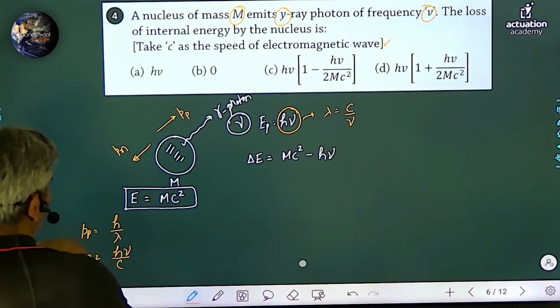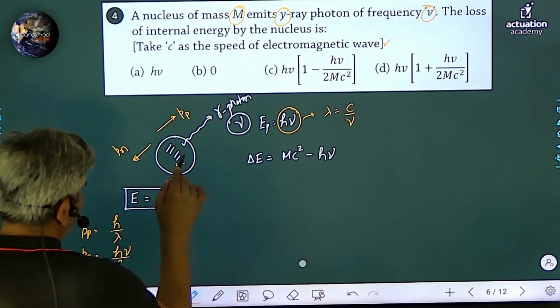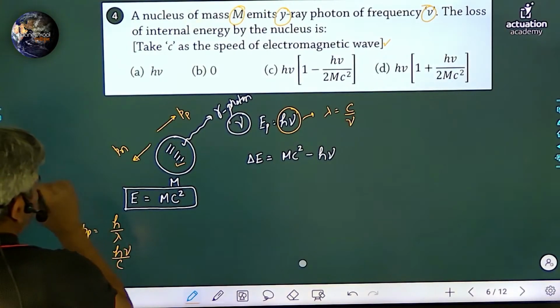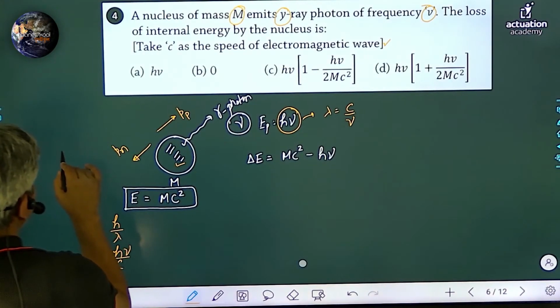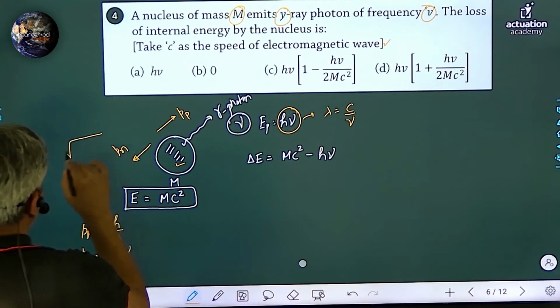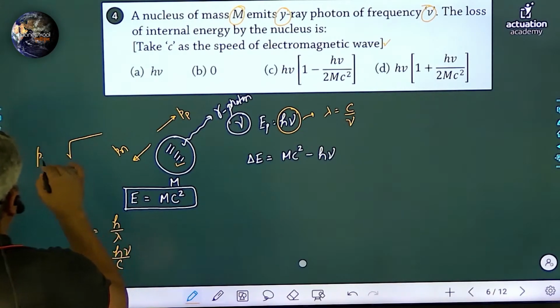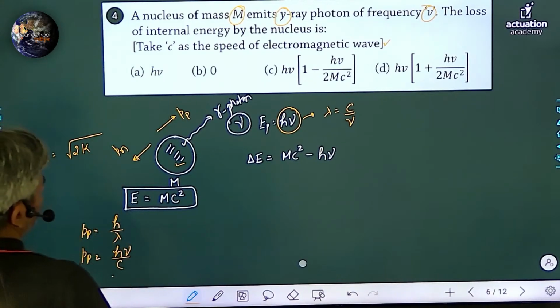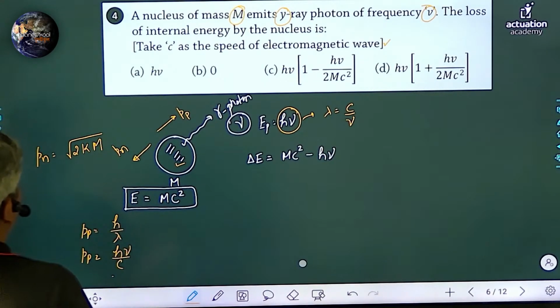And the momentum of the nucleus can be written as under the root of 2 times the kinetic energy of the nucleus multiplied by m.